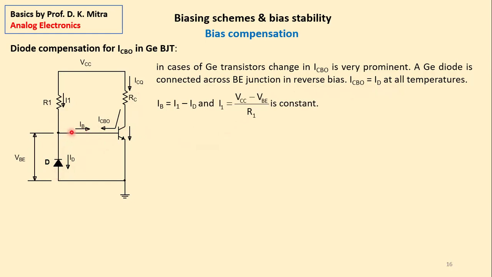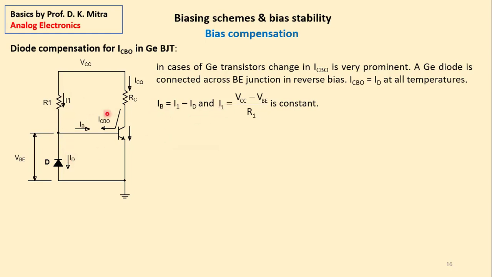IB, this base current, is I1, this current, minus ID. This current I1 coming in gets two branches: one is IB, one is ID. So IB is equal to I1 minus ID.